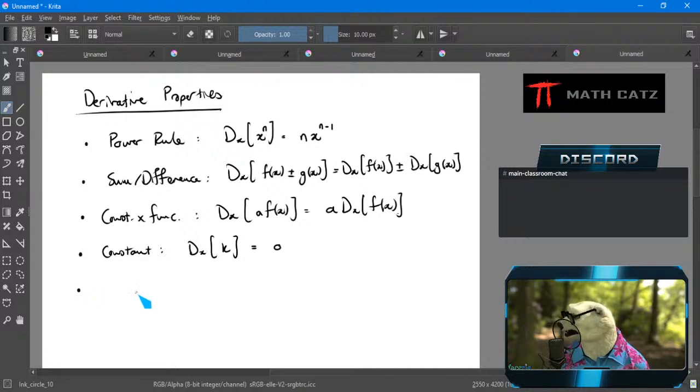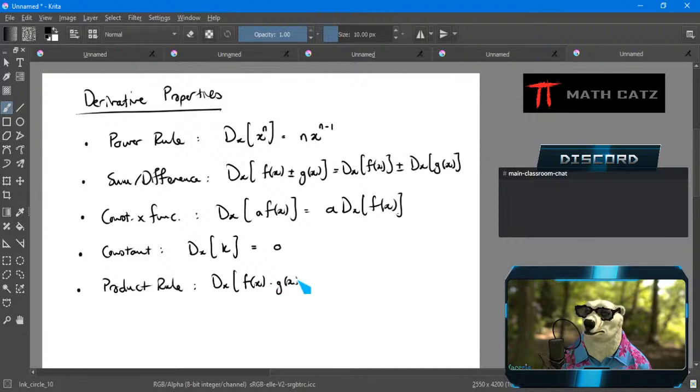Then we got into combining pieces of the function in different ways. One way is the product, so by way of multiplication, that if I have two pieces being multiplied together, then yes, I can look at those pieces in isolation, but it's not going to be quite as simple as the sum difference property would be.